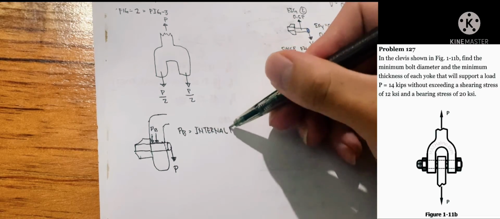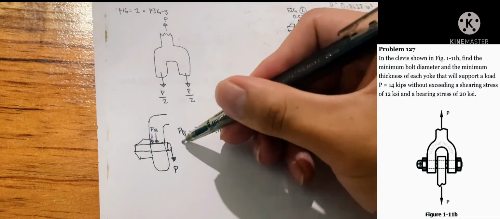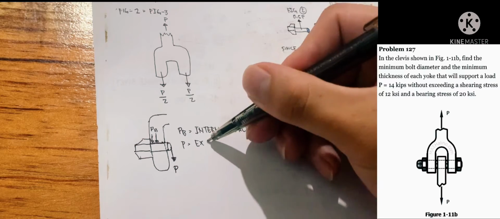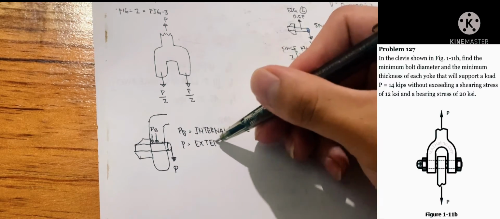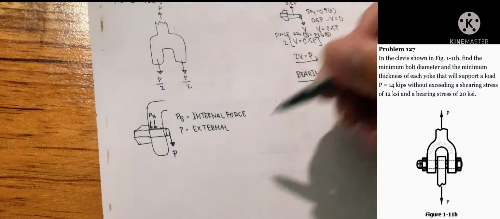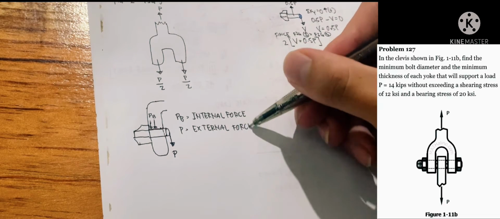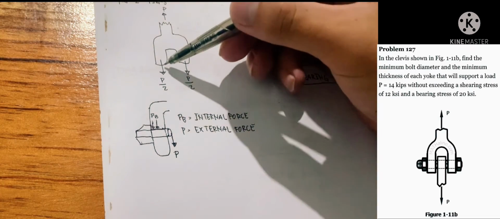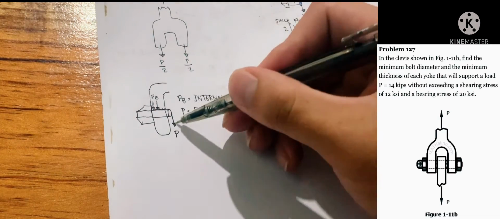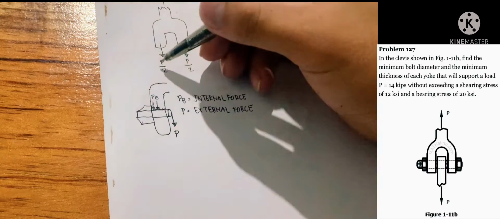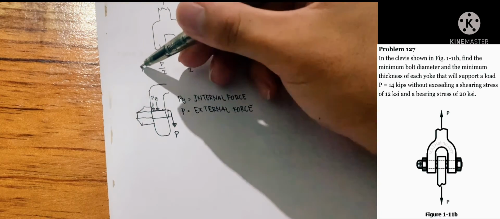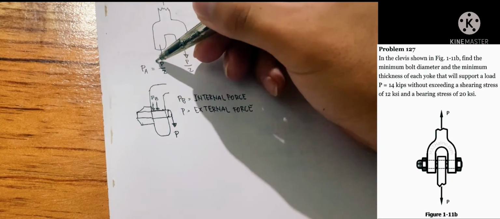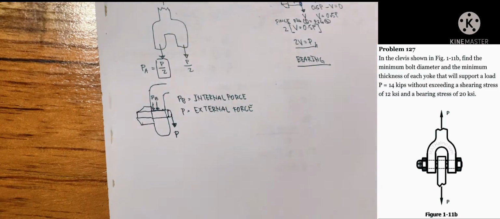So the load is trying to tilt the clevis pin, causing our P sub B, which is an internal force, for the clevis to cause another reaction or a surface reaction, making a contact pressure, and that is where our bearing is.